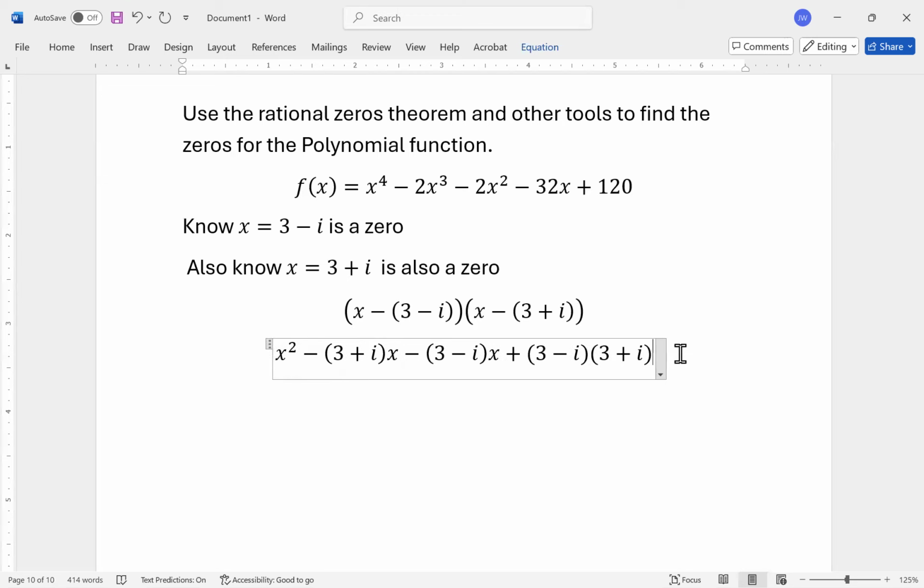I'm just multiplying polynomials there. That gives me x squared. The coefficient on x is a minus 3 minus i minus 3 plus i. So the i and the minus i are going to cancel each other out. You'll get a negative 3x and a negative 3x. That's minus 6x.